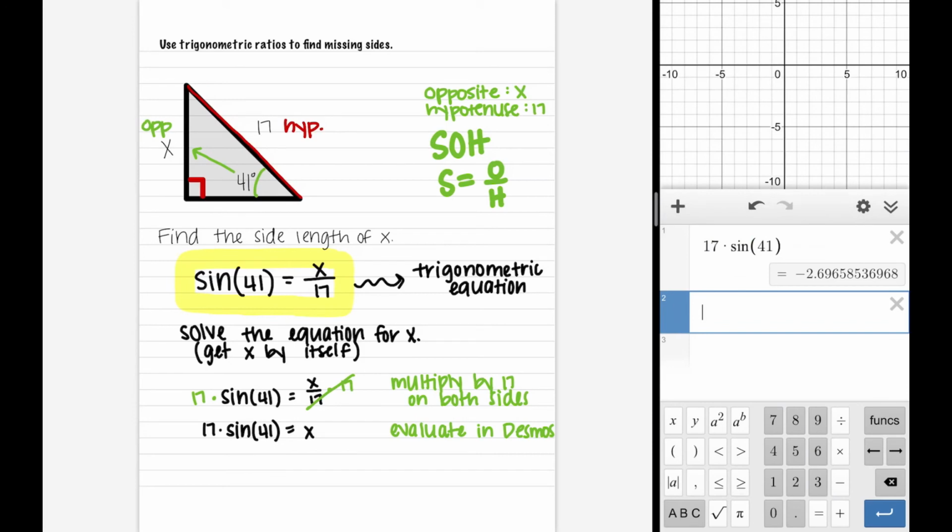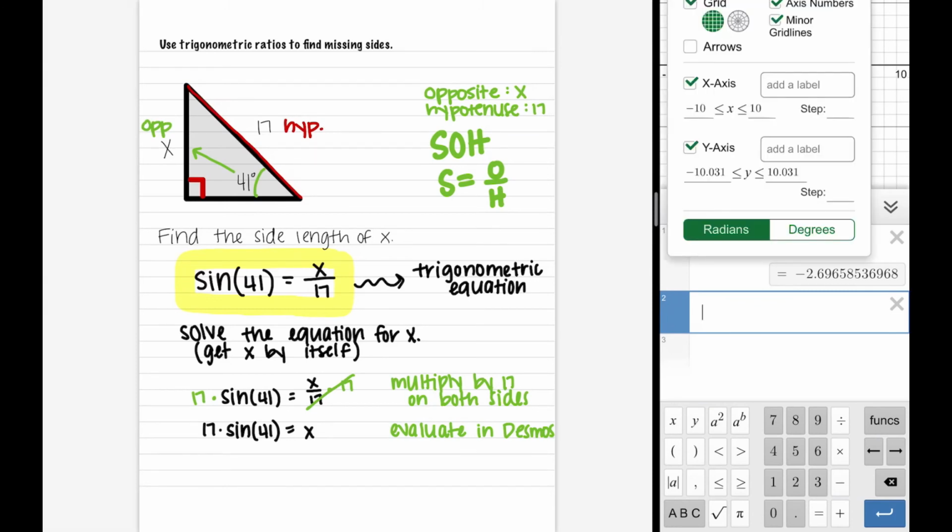So if I had this in radians and I get negative 2.6965, that long decimal number, if it's a negative, that doesn't make sense because we're talking about the length of something. The length of an object cannot be a negative number. So if you get a negative, or if you get a number that just doesn't look right, always check to see that you are in degree mode if you put in a degree angle measure.